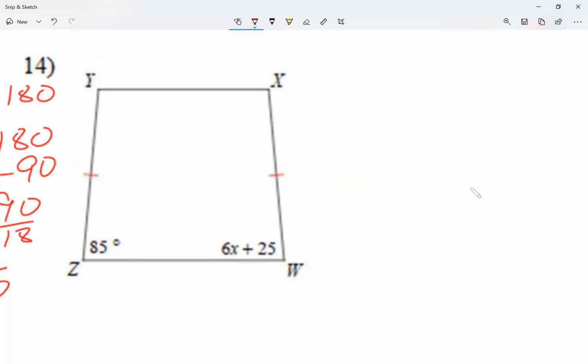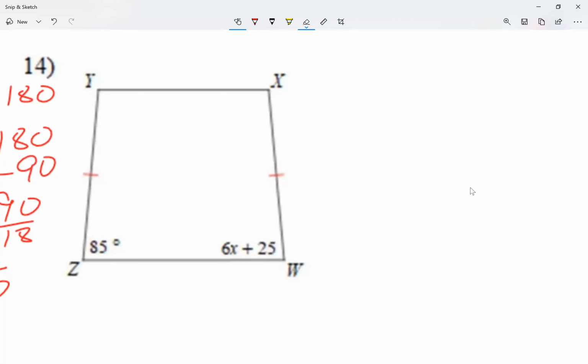So one thing, if the 85 was not here, because in some of your questions in your homework, the 85 will be there. If the 85 was on top, I will say the 85 is here. Those two angles are equal to each other. Okay, so you guys will have to move the 85 to the other side in some cases on your homework.